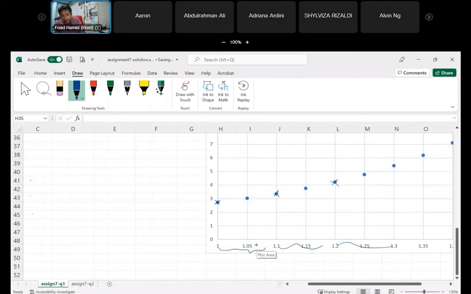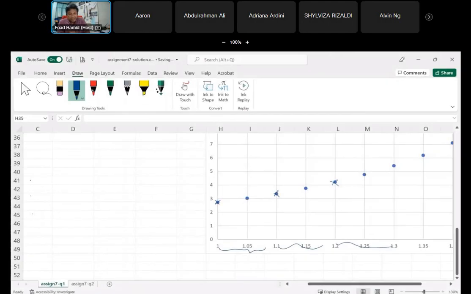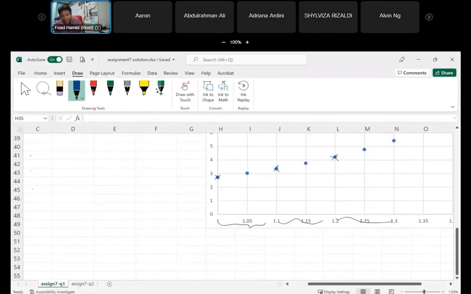Yes, 0.1 and 0.1. So this is the first, I think my PC is also not in good health.